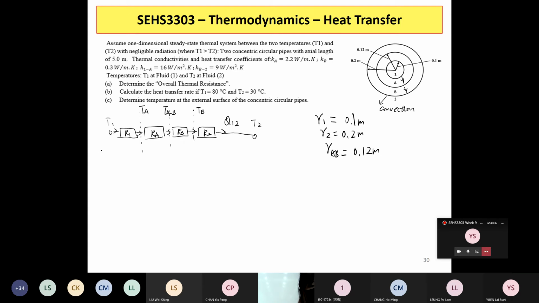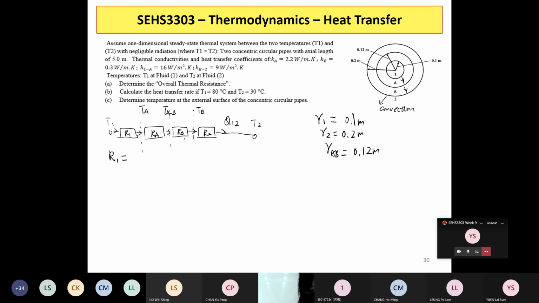Determine the overall thermal resistance. So we need to calculate each thermal resistance and calculate the sum of all the 4 thermal resistors. So first, R1 equals what? This is a convection from the fluid A to the surface of pipe A, right?